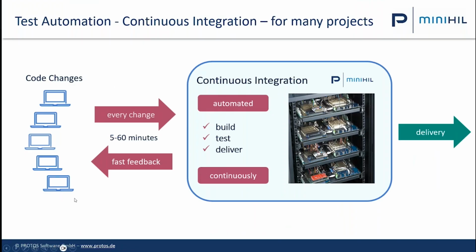Every code change that's committed or pushed to your server, to your Git repository, for example, is built, tested, and delivered. Here you see a 19-inch rack, 1 meter high, with 8 different miniHIL projects. That's what it looks like if you have, let's say, 8 projects, or if you want to test your basic software for your system for various processors or whatever it is.